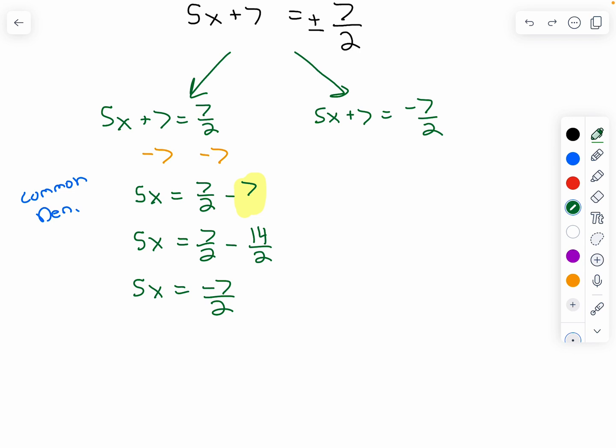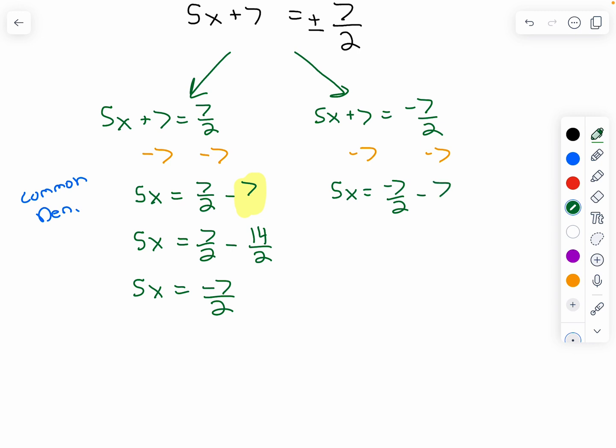Just to show the parallel, I'm going to do that same step over on the right side. So I'm going to jump over to the right side. I'm allowed to do that. So my first move on the right side would be to subtract 7. If I rewrite that, I get 5x equals negative 7 halves minus 7.